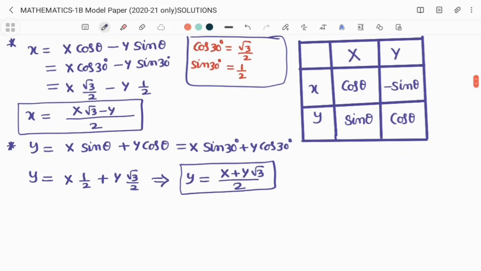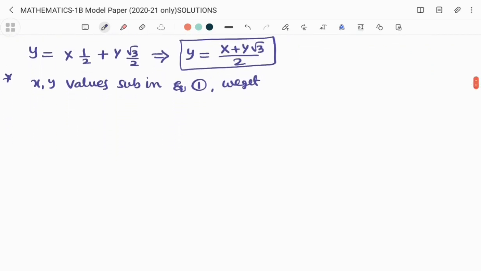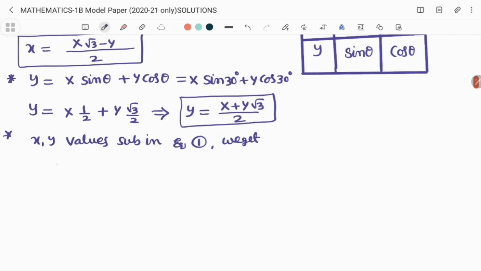So now the small x, small y values, substitute in equation 1, we get the equation x square. That means (capital X root 3 minus capital Y divided by 2) whole square plus 2 root 3 into xy.